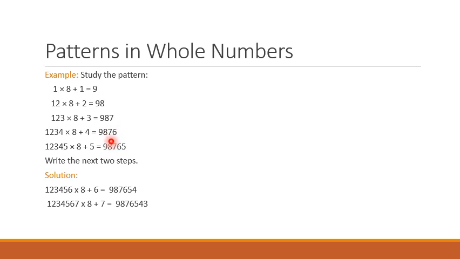In the same way, if I add 5 in this number and then add 5 here, the answer will be 98765. In the same way I can write the next step. In the next step, what will be the answer? I have to add one more digit.